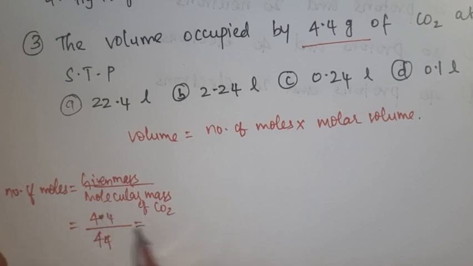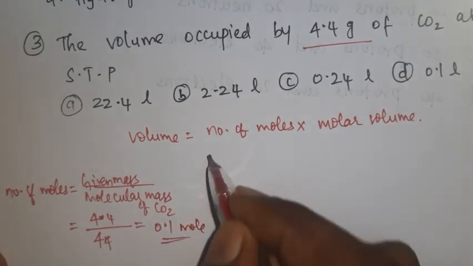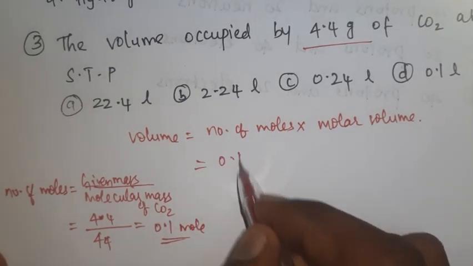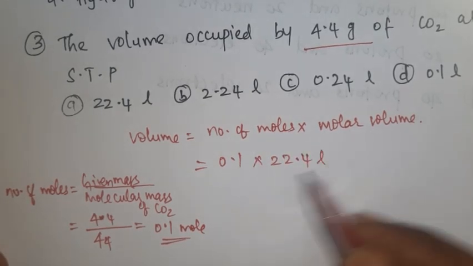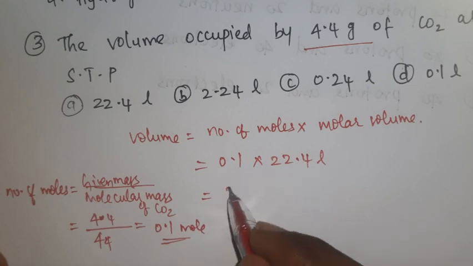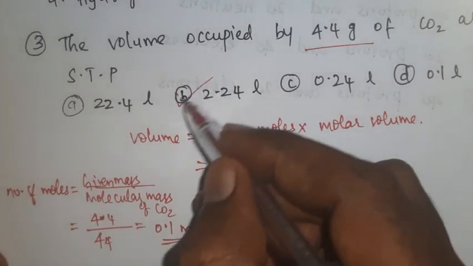If you simplify, you will get 0.1 mole. So the number of moles is 0.1 into molar volume 22.4 liter. If you multiply, you will get 2.24 liter. According to this, option B is the best one.